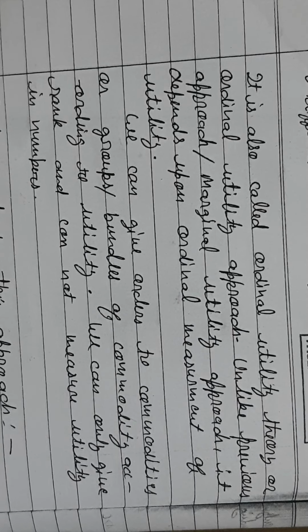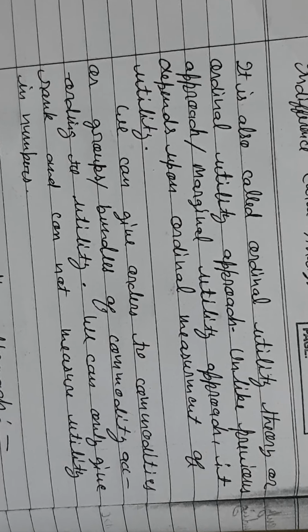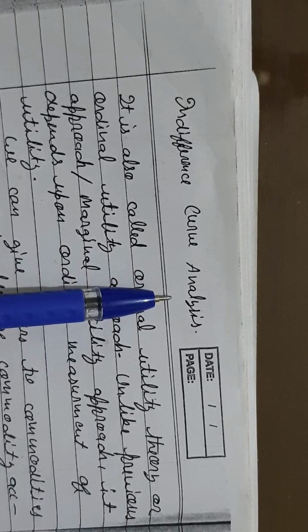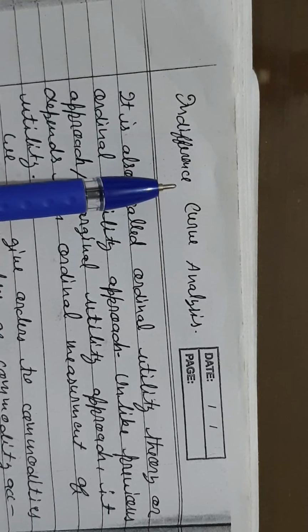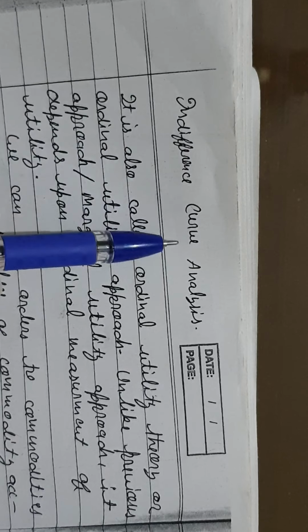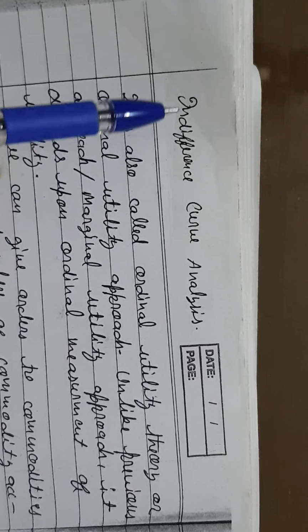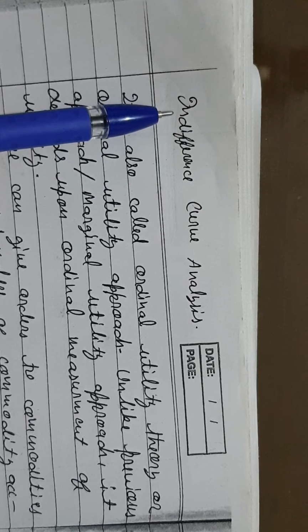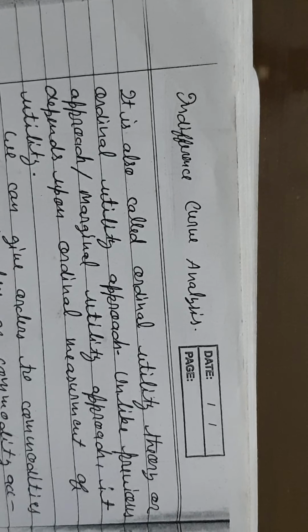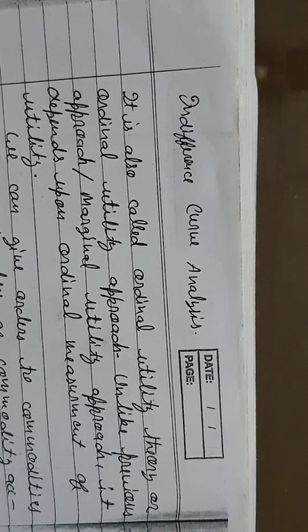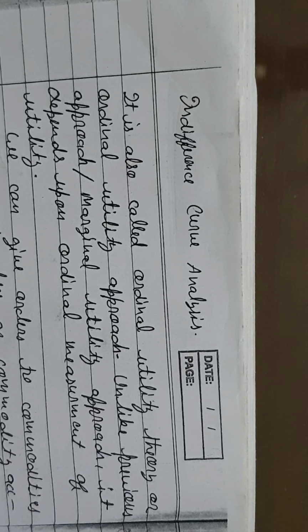As I told you, the topic's name is indifference curve analysis. Why is indifference curve used in the heading of this chapter? Because we use a very important tool of economics in this analysis, and that is called the indifference curve.